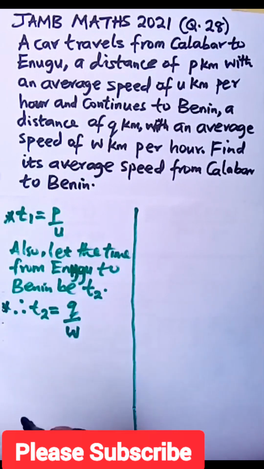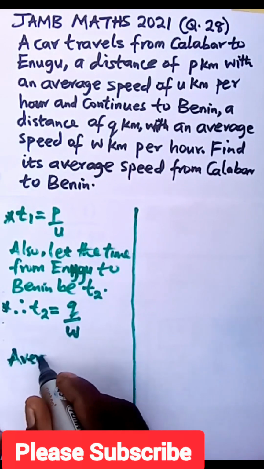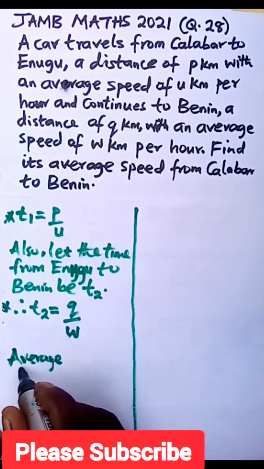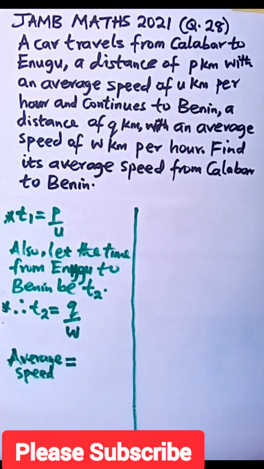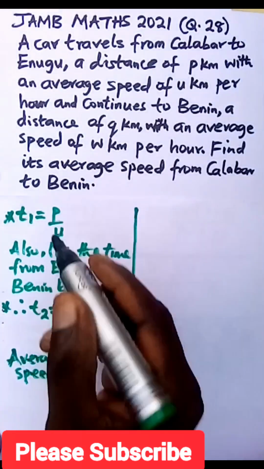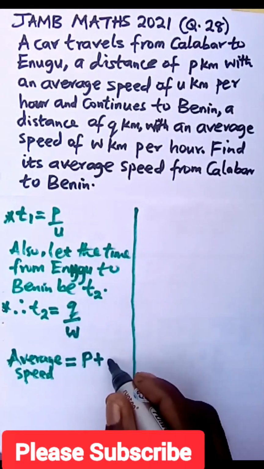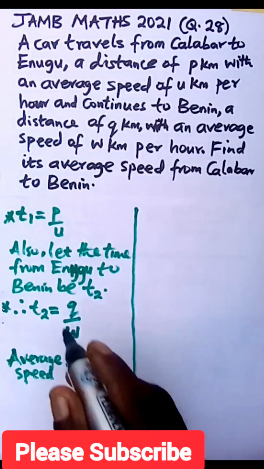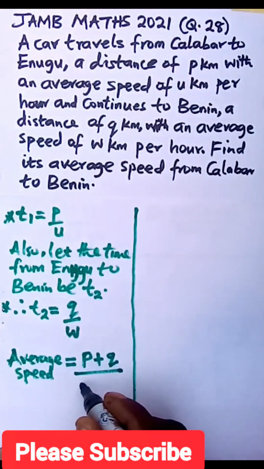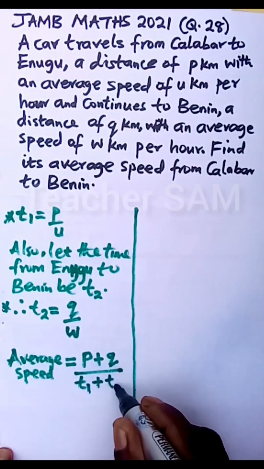Don't forget that we have that average speed is equals to total distance all over total time. The total distance, the first distance is P plus the second distance is Q, all over the time T1, that is the first time, T1, second time, T2, that is total time travel.